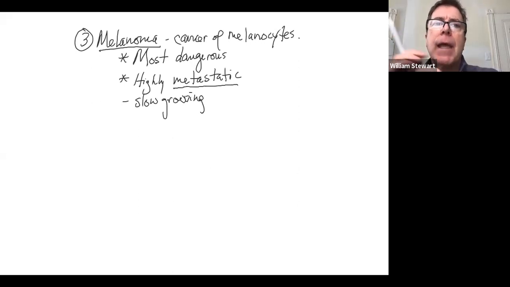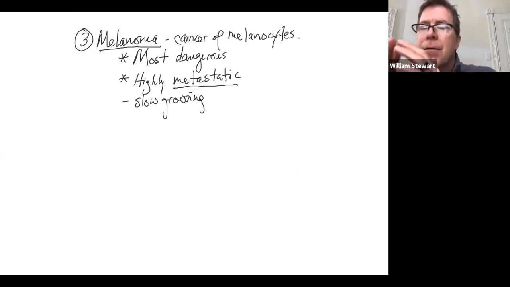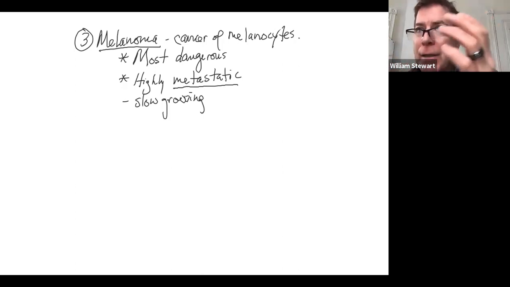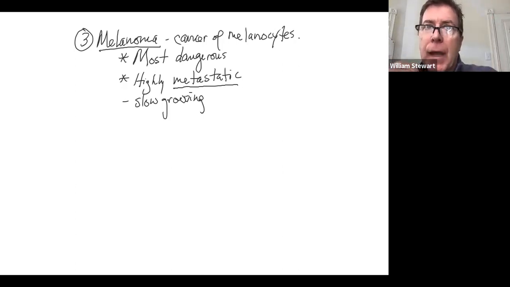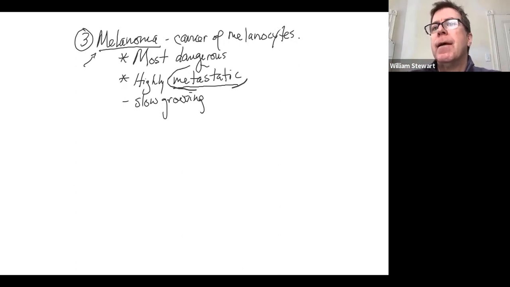So oftentimes cancers, where they originate, are not malignant, they're not life-threatening at that original site. For example, breast cancer, cancer cells in the breast are not life-threatening, just like cancer cells in the melanocytes of the skin themselves are not life-threatening. It's when they spread to other parts of the body, which is what metastasis means.